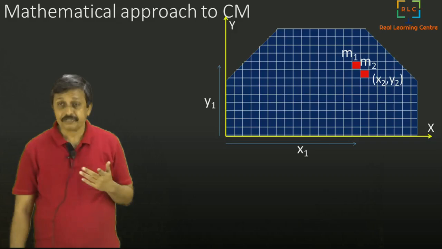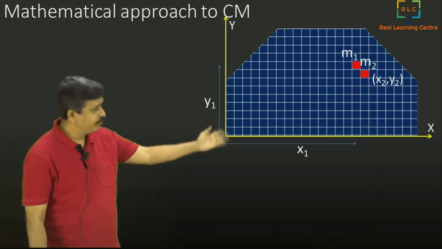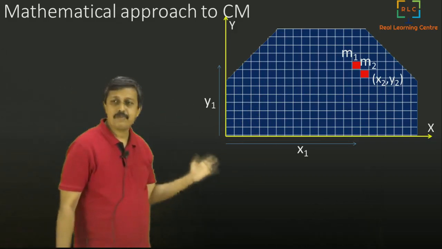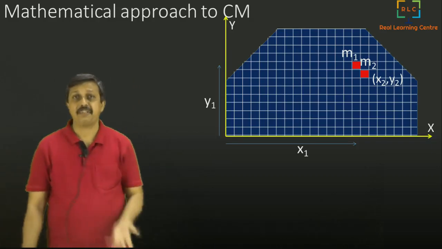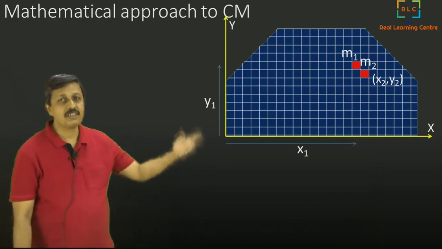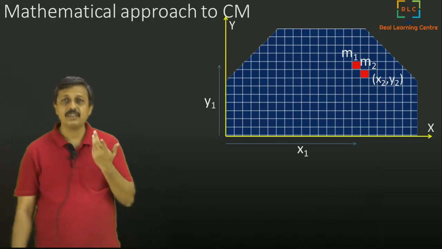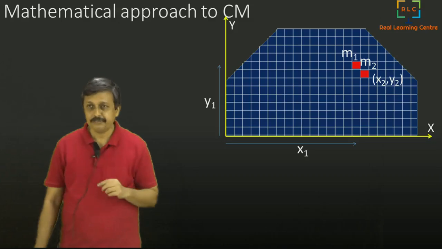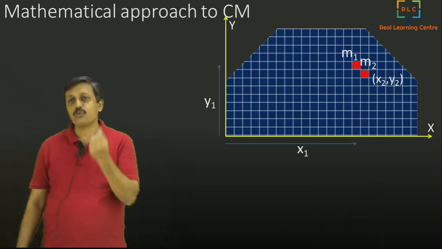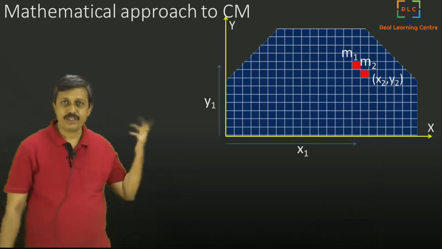So like that there are many: m1, m2, m3, m4, m5, up to, let us say, mn. So there are n small particles, each one having a certain mass, and each one having a certain coordinate like x1, y1, x2, y2, like that.